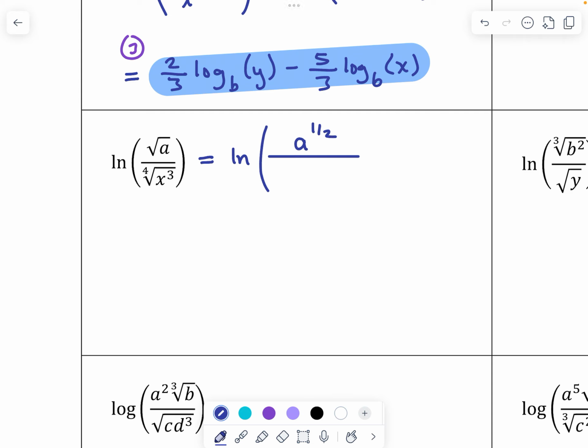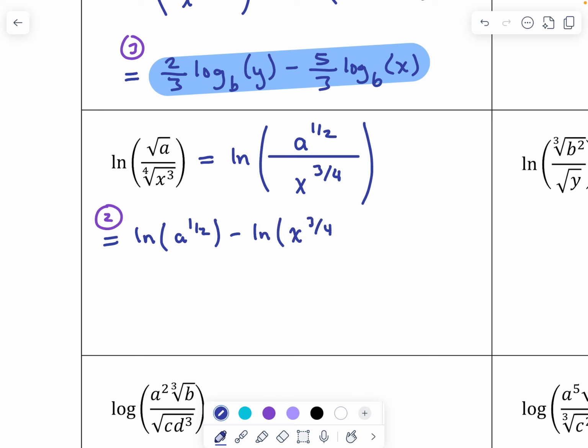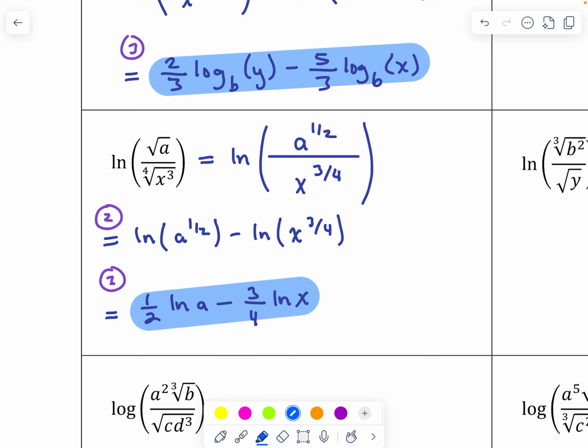And the fourth root of x cubed is the same thing as x to the 3/4, right? Then if we apply property 2 of logarithms, we can split this up over subtraction. And then if we use the third property, we can multiply all those exponents to the front. And that's it. That's all you got to do.